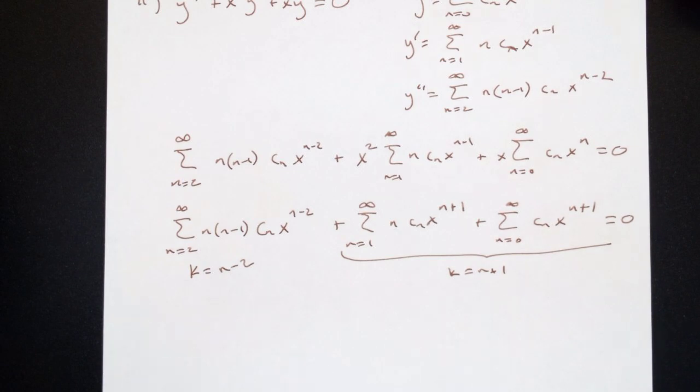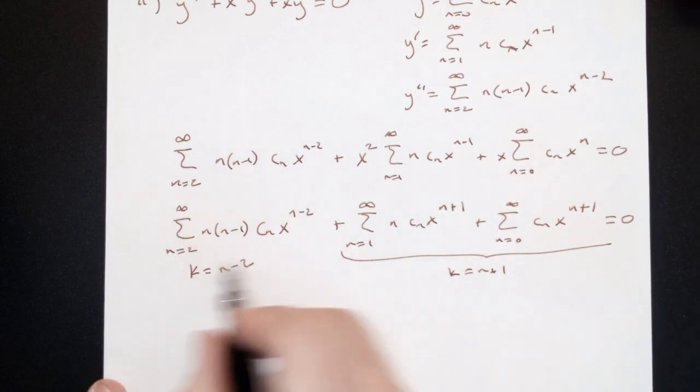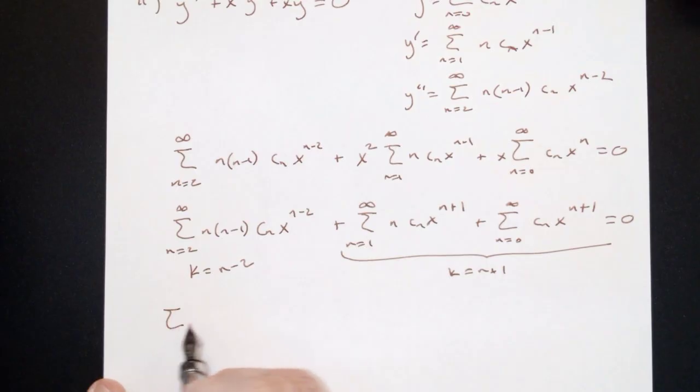When I do this, for this first sum, my limit is now k equals what to infinity? Zero, because I'm subtracting 2.